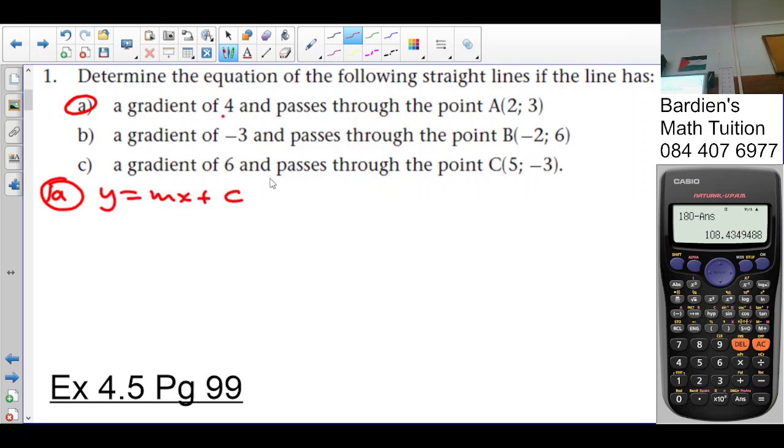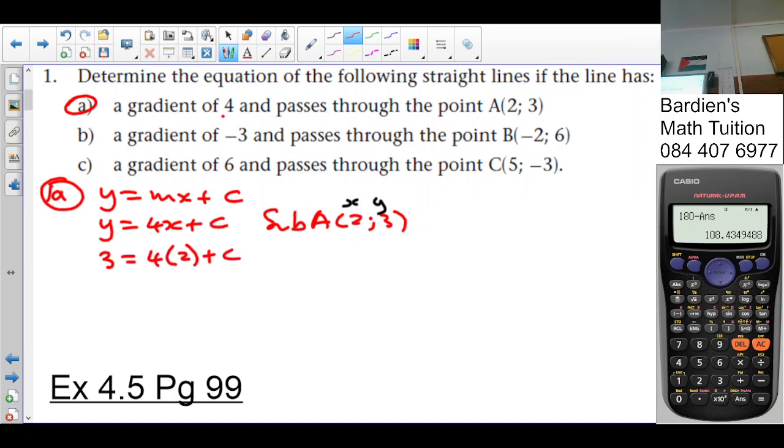The gradient is 4, so y is equal to 4x plus c. Not so? So I substitute the point lying on this graph, which is A, 2 and 3. Remembering that's an x and a y. So 3 is equal to 4 times 2 plus c. 4 times 2 is 8. Not so? Take it over, becomes negative 5.